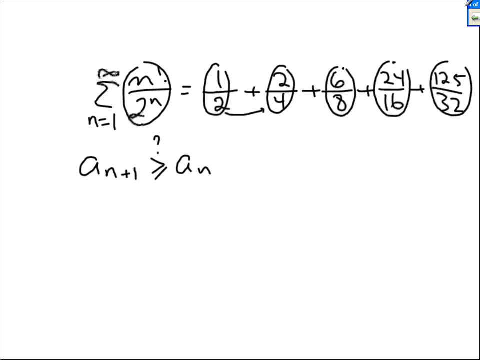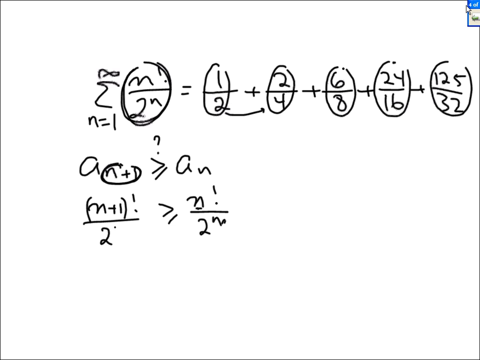That's what we want to show. Remember, this is a sub n. A sub anything, you replace the n with the anything. Instead of n, we put n plus 1 factorial over 2 to the n plus 1.